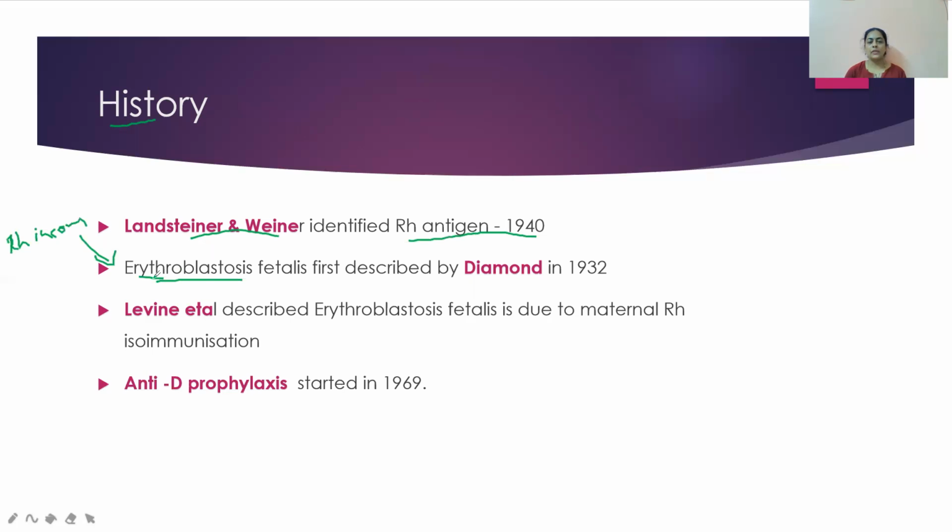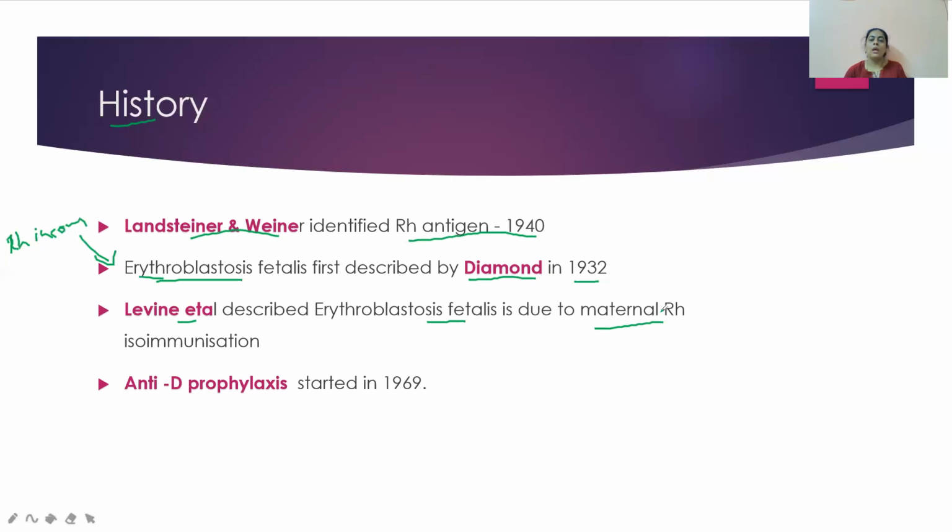Erythroblastosis fetalis was first described by Diamond, who described its features in 1932. Levine et al. told that erythroblastosis fetalis is due to maternal Rh isoimmunization.